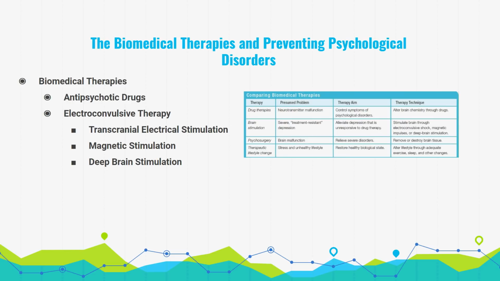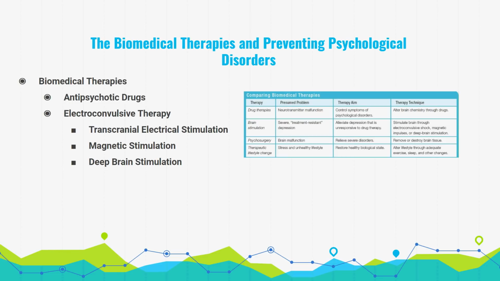However, psychiatrists can also, quote unquote, shock their patients with electroconvulsive therapy, or ECT, which stimulates the brain of a severely depressed patient who hasn't been responding to drug therapy. The shock administers a 30-second to minute-long seizure in the patient, but it's not felt or remembered upon awakening from the anesthetic. Now, there are three other similar therapies called transcranial electrical stimulation, magnetic stimulation, and deep brain stimulation.